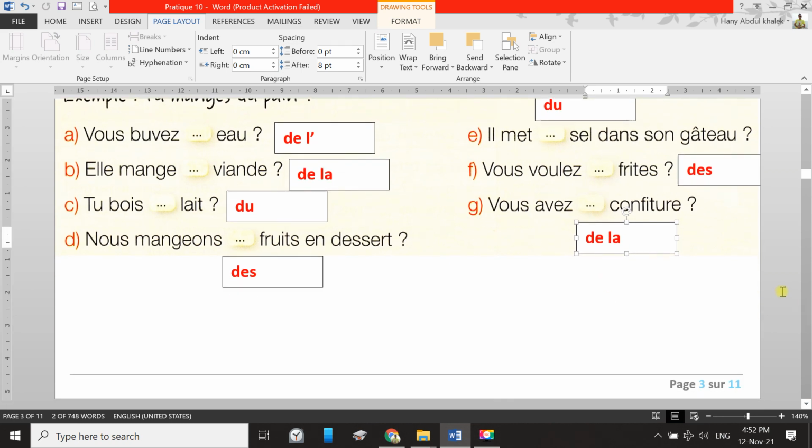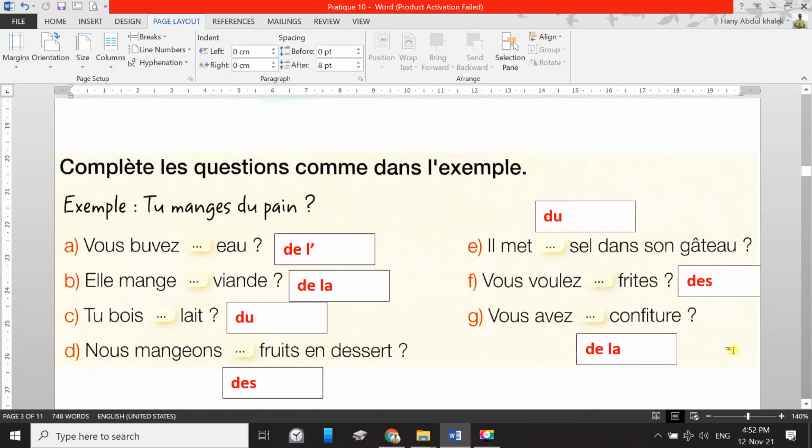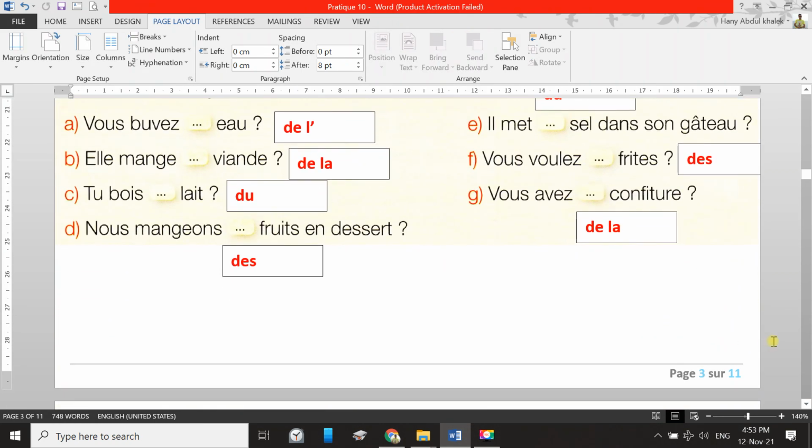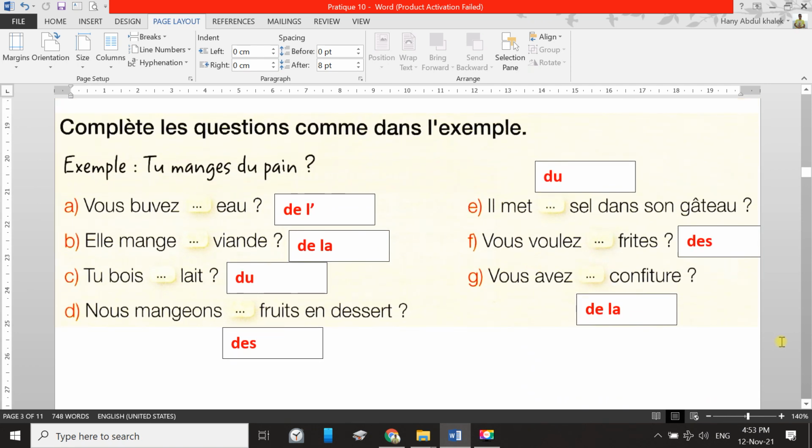De la. Pay attention for a point, I remember it now: don't count on this practice sheet only. You need to revise from the practice sheet and the pages that we studied in the main book and the practice book, the two books, the exercises book and the main book. Pay attention, don't study only this.